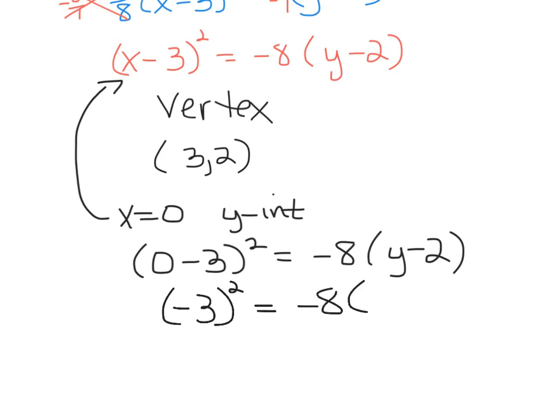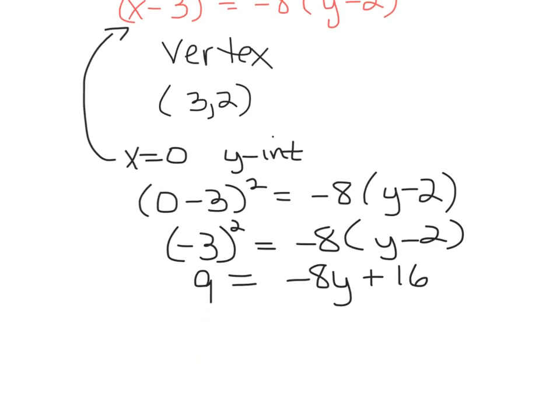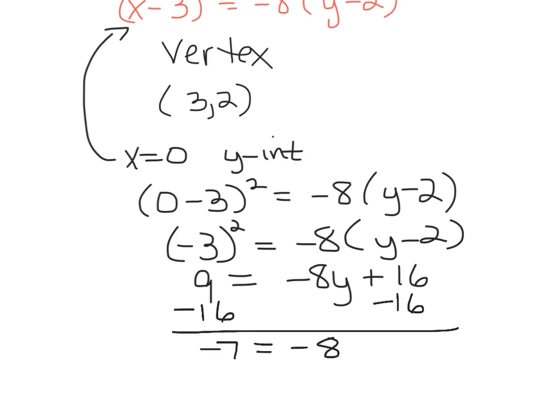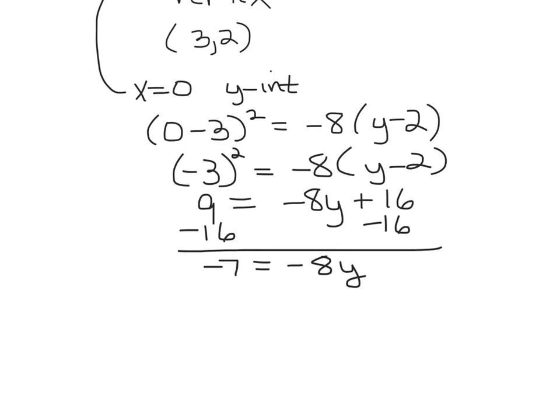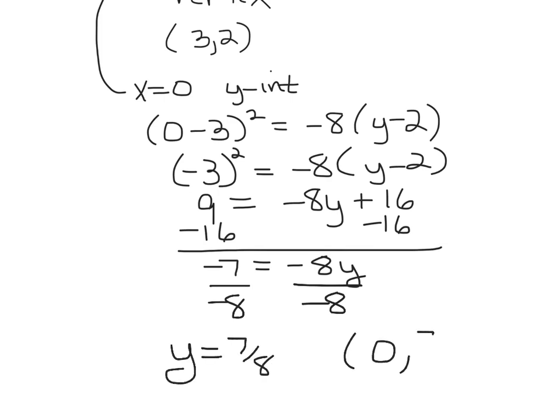So plug it in, solve for y, so 9, distribute the 8, move the 16, get negative 7 equals negative 8y. Divide by negative 8. And my y-intercept is at the ordered pair 0, 7/8.